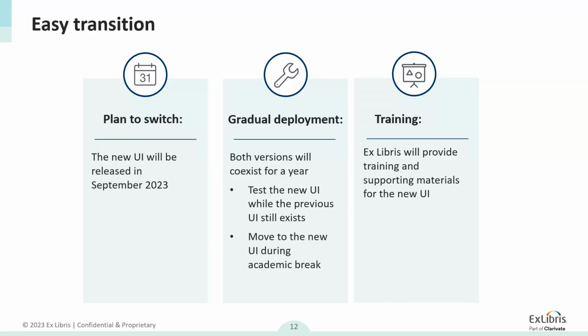Or you can just go to the link of the new UI and use it without using the old links. So you can test the system, record the system, and make sure all the trainings are ready for the time when you want to switch.